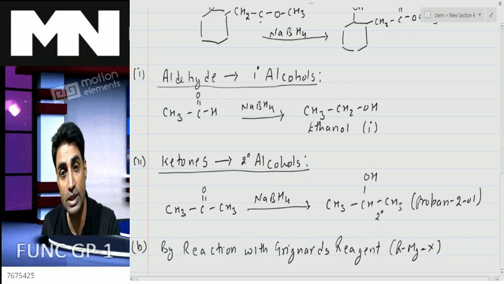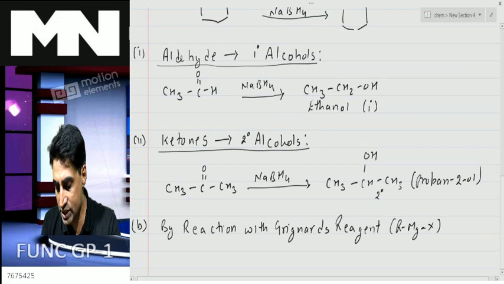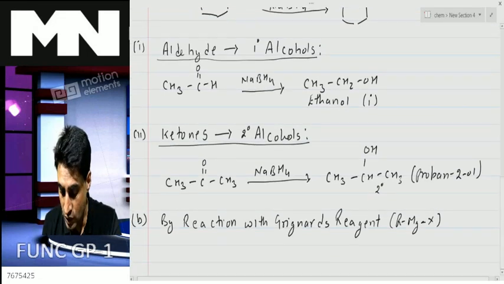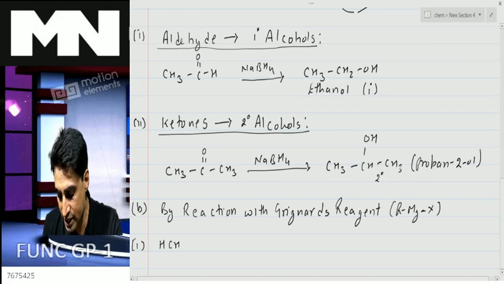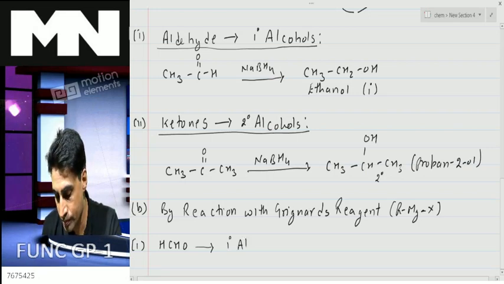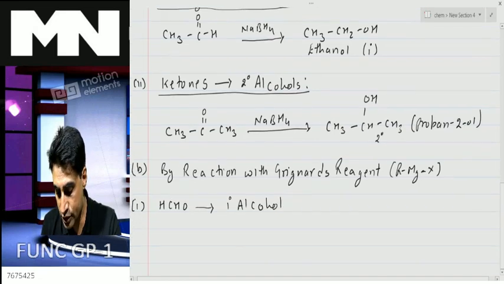So here I've got the Grignard's reagent. We'll see how the reaction occurs. Well, in that, I would like to tell you one thing: formaldehyde, HCHO, on reaction with RMgX will give you primary alcohol. We'll see how the reaction proceeds.